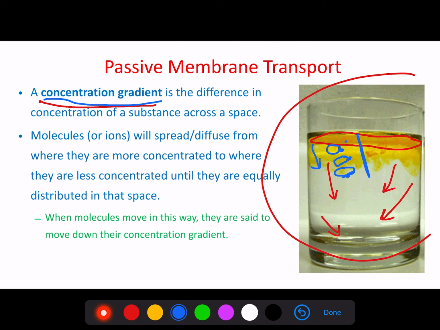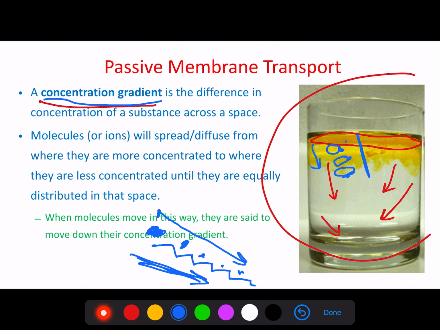You can think of it as a stair. Every time you go down, the concentration is diluted, okay? The concentration is less. So this concentration gradient causes the substance to move from the area of high concentration to the area of low concentration.